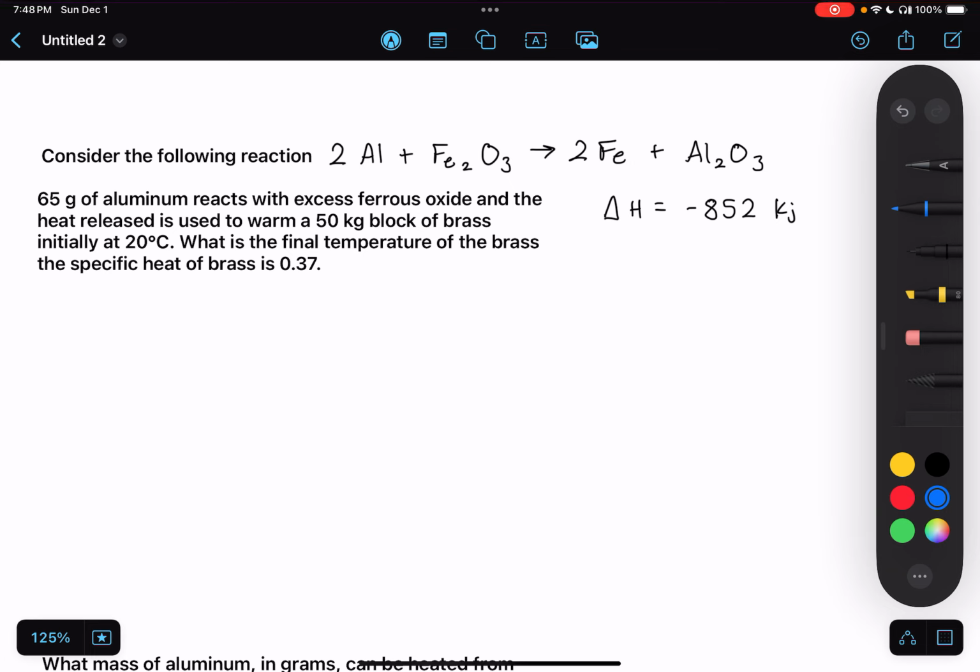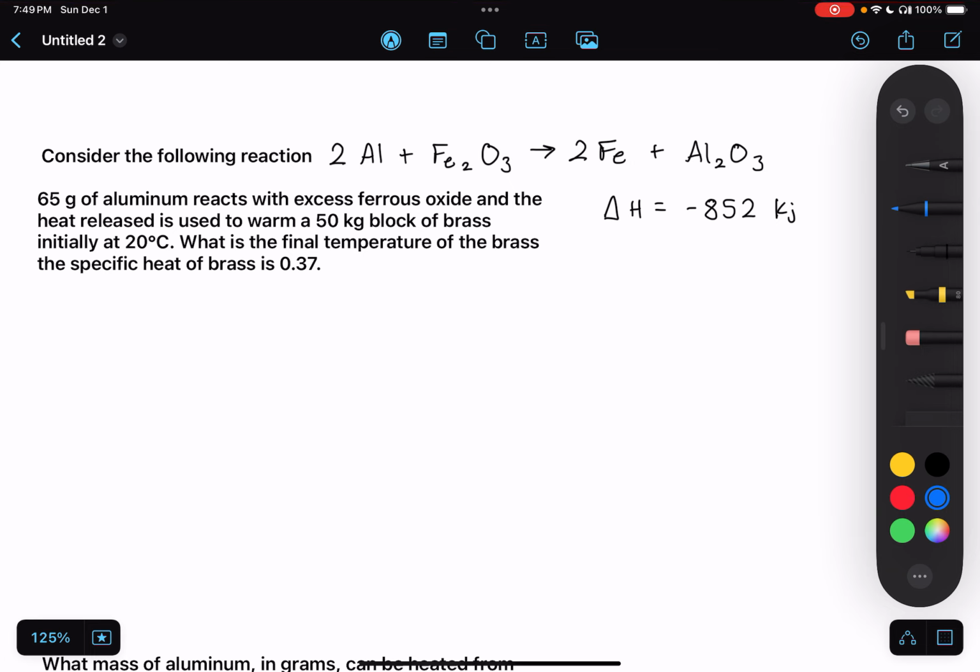Remember how in the last video we talked about going from grams to moles, and then moles to heat, kilojoules. Well, that's what we're going to do here in the first step.